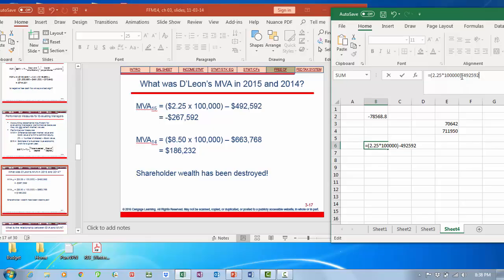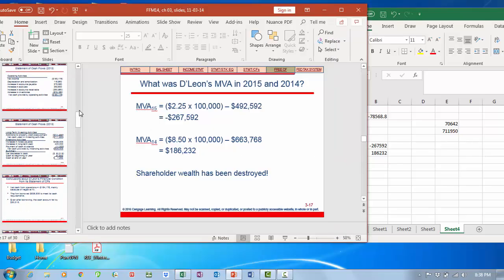That's the value on the book, which gives negative 267,592. And then in 2014, the share price was $8.50 multiplied with 100,000, minus 663,768, again on the book, which is 186,232. So you can see that market value has tremendously depreciated.